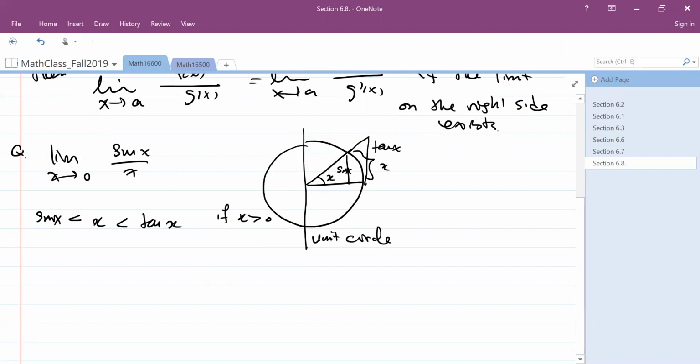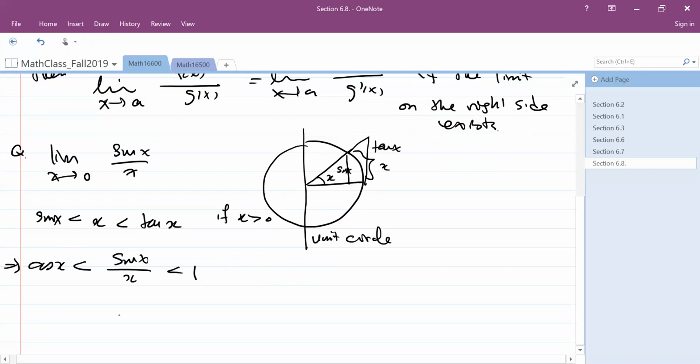So from here, you will see that cosine x is less than sine x over x, which is less than 1. This is a unit circle. Then both sides approach 1, and you get the limit.